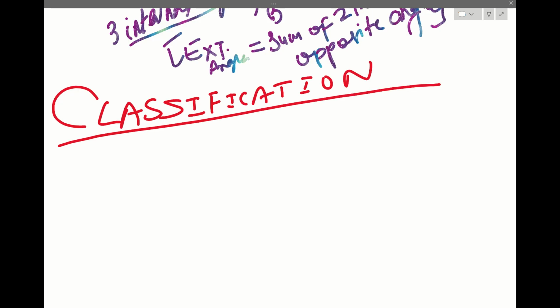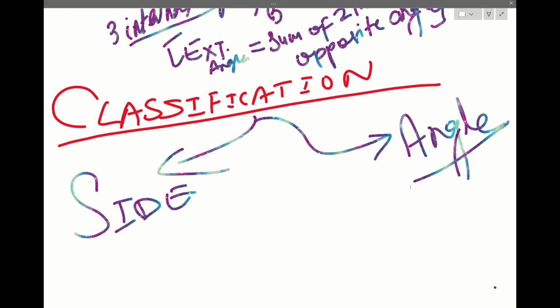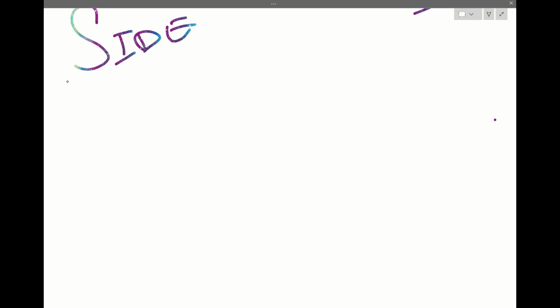Classification can be done in two ways: one on the basis of sides, and the other on the basis of angles. First, understanding the classification based on sides, number one is the equilateral triangle.